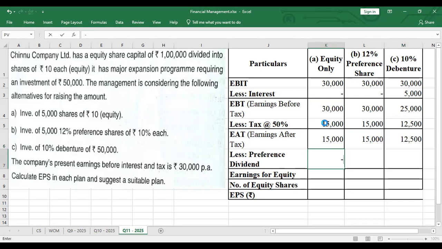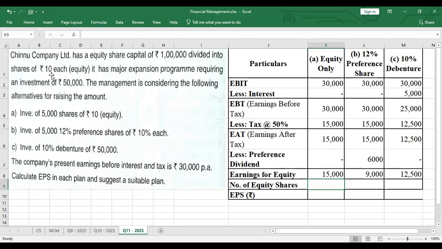For equity, no preference dividend. Second, 12% preference dividend: 50,000 into 12%, that is 6,000. Last one, debenture, so no preference dividend. Simplify: 15,000, 9,000, 12,500.